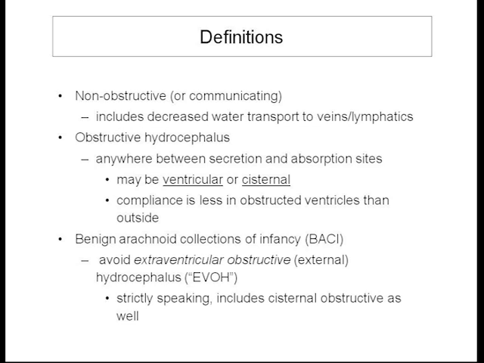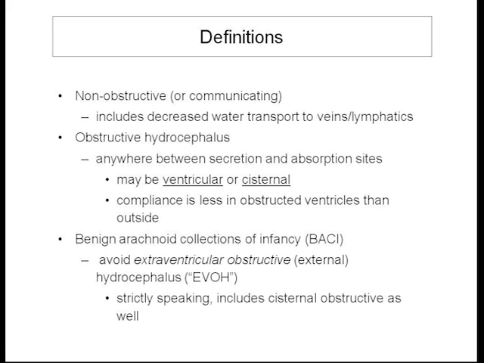So now we are going to look at the consequence for hydrocephalus. The definition, number one, you have the non-obstructive hydrocephalus, which may also be explained by the decreased water transport to veins and lymphatics. You have the obstructive hydrocephalus, which may be anywhere between the secretion and absorption site, maybe ventricular, cisternal, and the decreased compliance when the ventricles are obstructed, within the ventricles and outside.